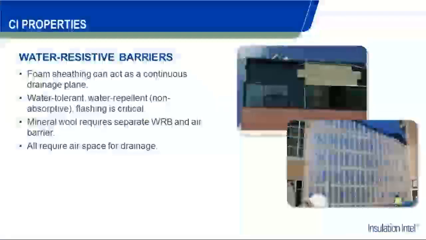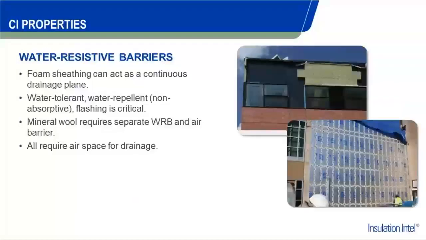So WRBs are water-resistant barriers. A lot of these materials that we're talking about as far as continuous insulation can also double as a water-resistant barrier, an air barrier as well. One example of this is in the bottom picture. There's a foil-faced board with a taped joint.